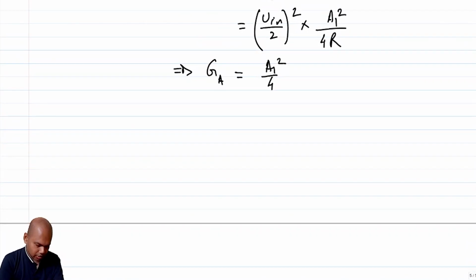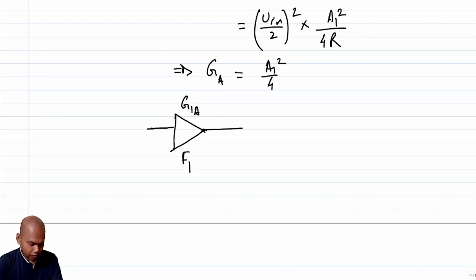Now let's get to our analysis. The analysis is actually quite simple once we make these assumptions. Let's say the first amplifier has an available power gain of G1A and a noise factor of F1. What does it mean?